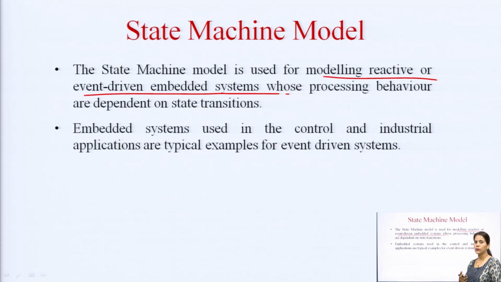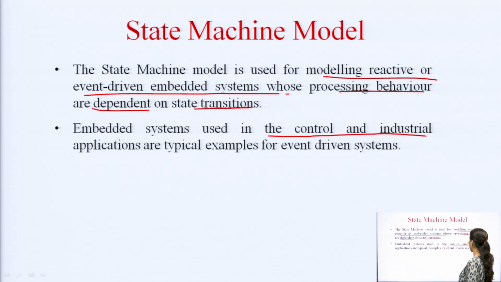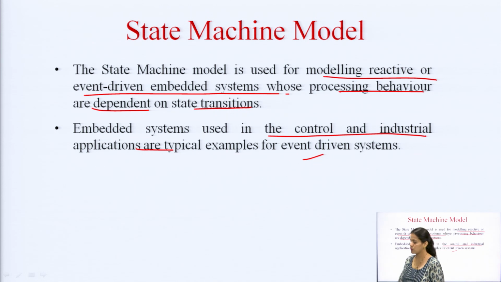So, if there are multiple events present in a certain application, then we have to use this model. The processing of those events and the behavior depend on the state transitions. They are used in control and industrial applications. These are the typical examples of the state machine model application.